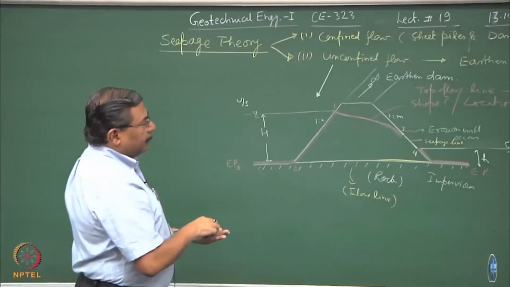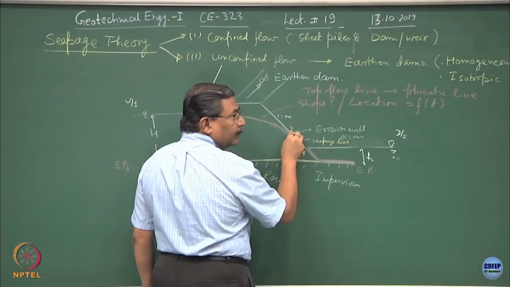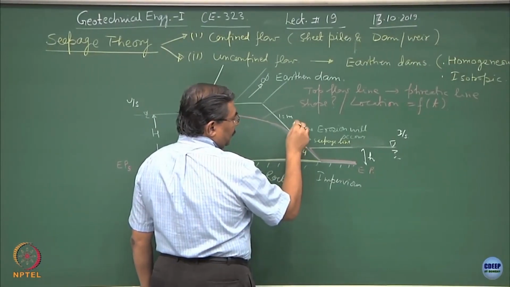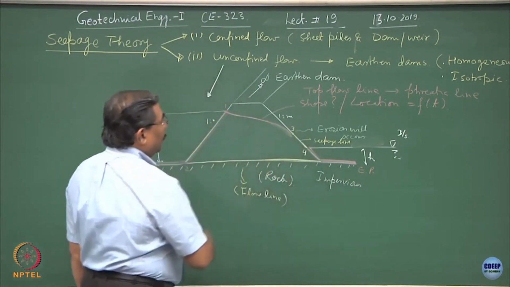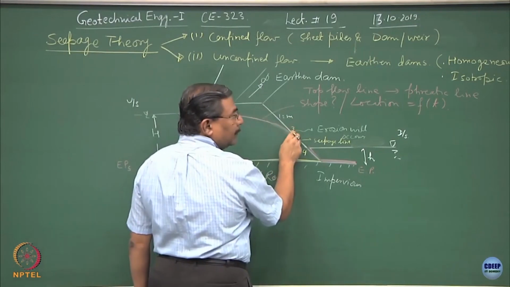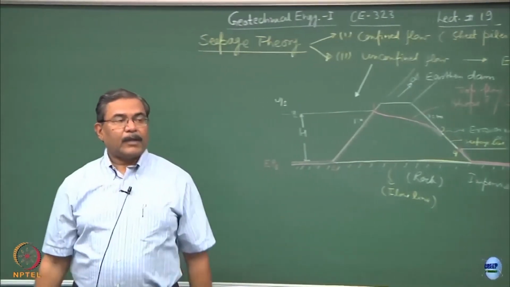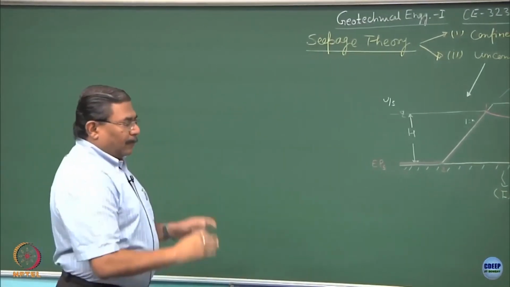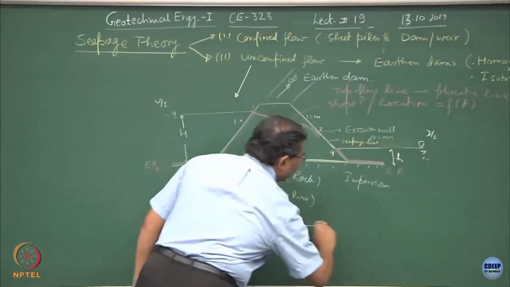Now we are interested in finding out what is the location of point 3, what is the velocity of the seepage which is taking place here, what is the shape of the top flow line, alright, and what is its location. A comprehensive picture of this situation would be if I consider the foundation soil also.